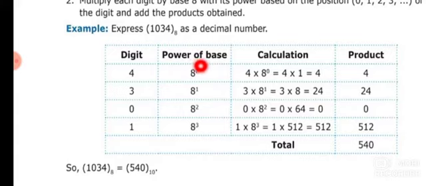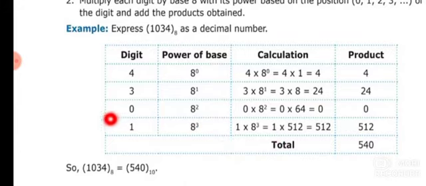In power of base, we will use 8 as the base and use powers 0 to 3. Now in calculation, we will multiply 4 into 8 to the power 0. 8 to the power 0 has a value 1, so we will multiply 4 into 1 equals 4 as a product. Now next we multiply 3 into 8 to the power 1 here. 8 to the power 1 has a value 8, so we will multiply 3 into 8 and we get 24 as the product.